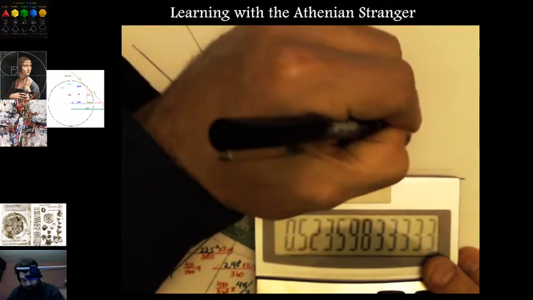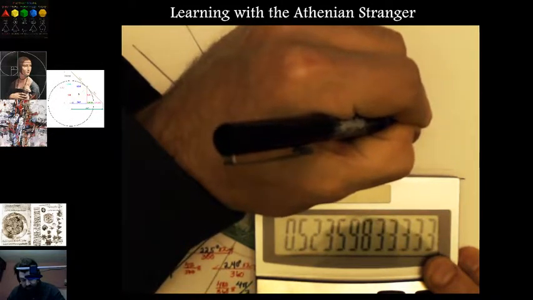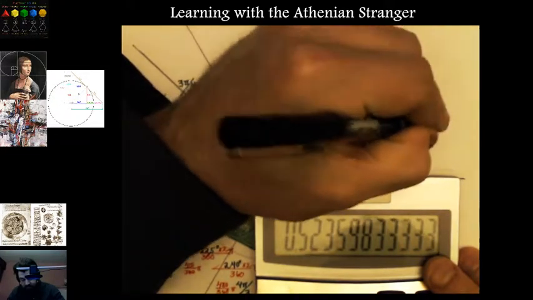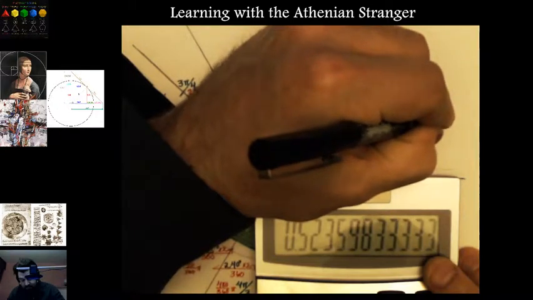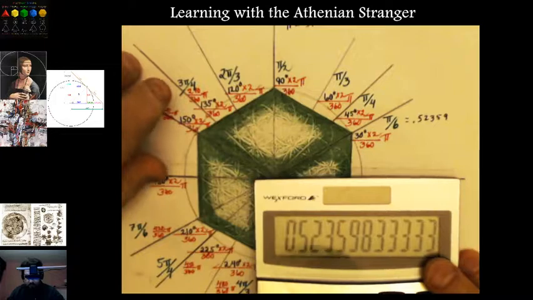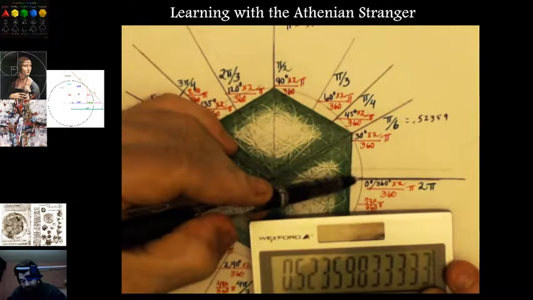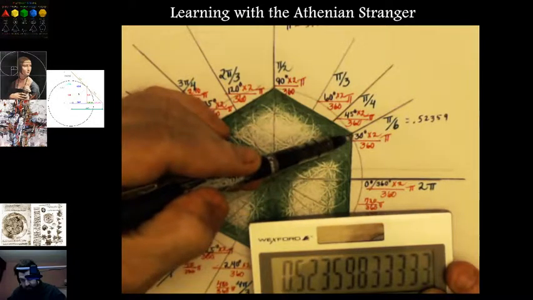This equals 0.5235 9. Okay, so that is actually a distance measurement from here along this arc to here. That's what that distance measurement is.